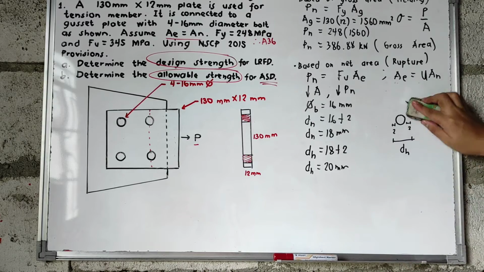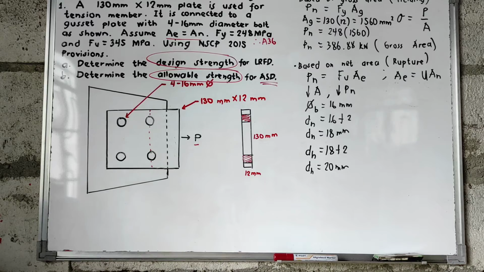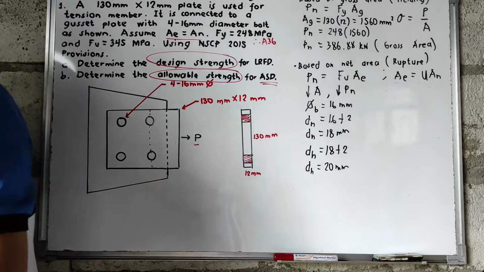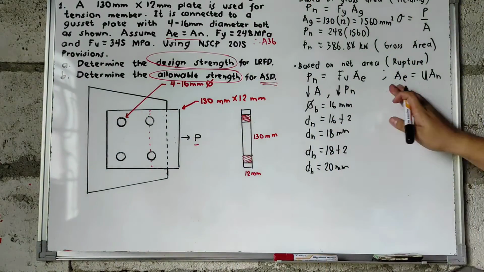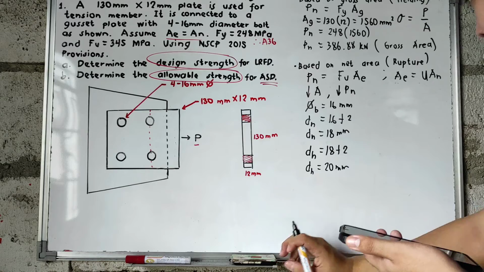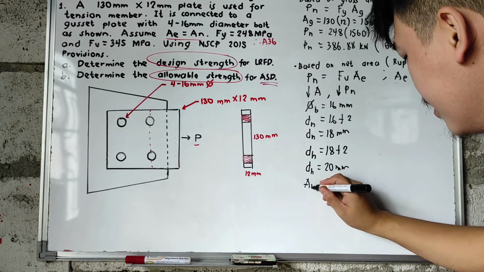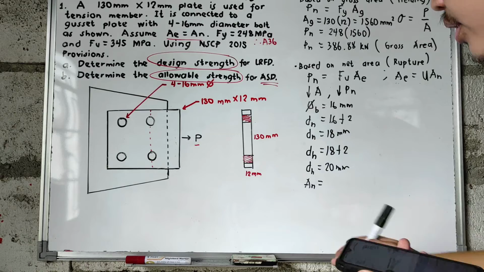So after computing for the diameter of the hole, kukunin na natin yung value ng net area natin. So let's solve for the value of your net area. A sub n is equal to, consider muna natin itong width natin.